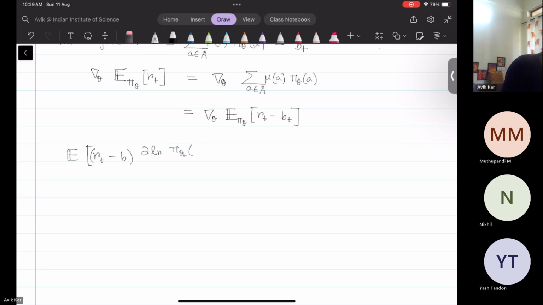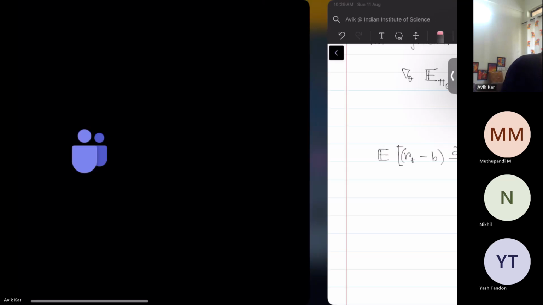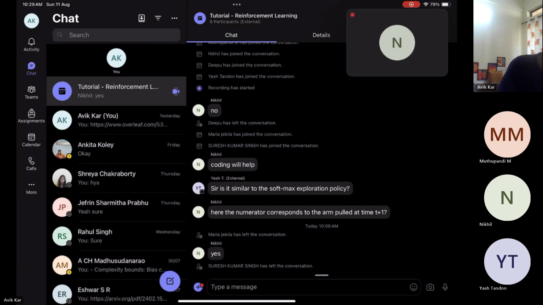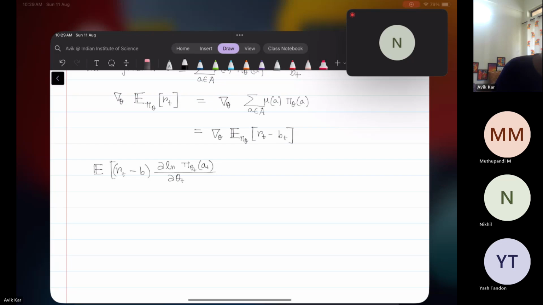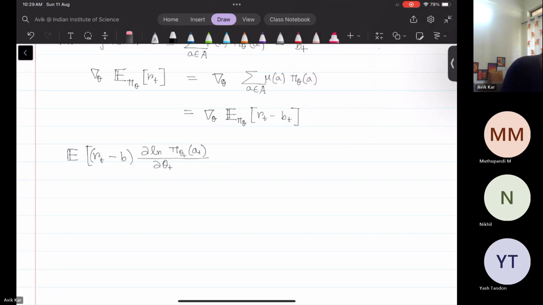So the summation over A of mu A times RT minus B times the gradient of pi theta.